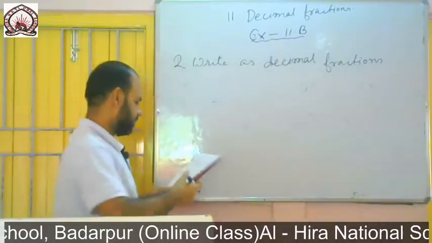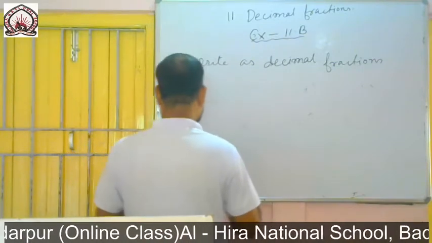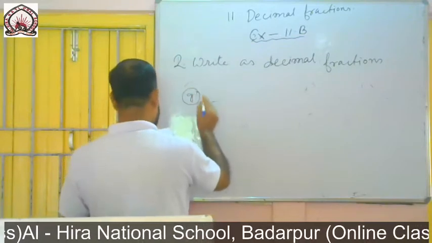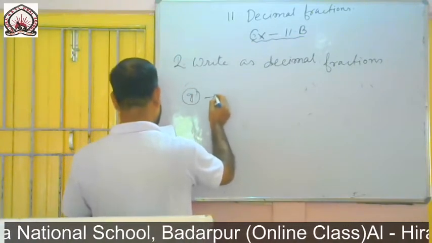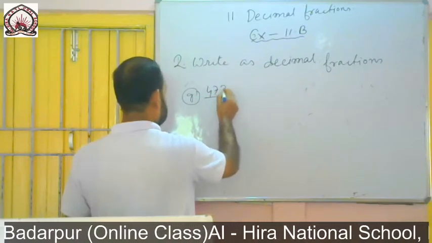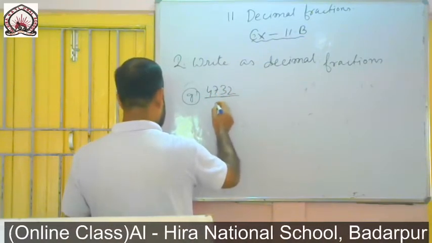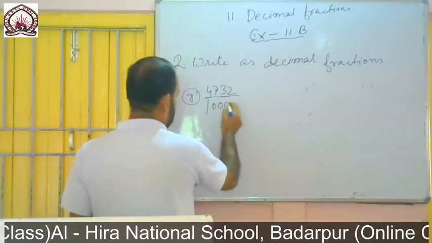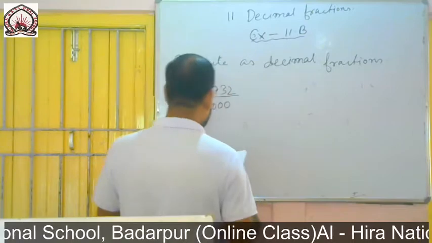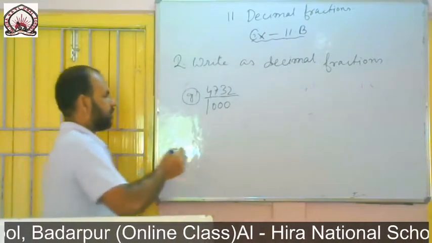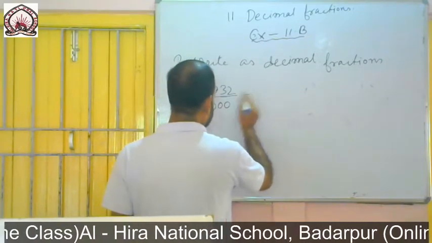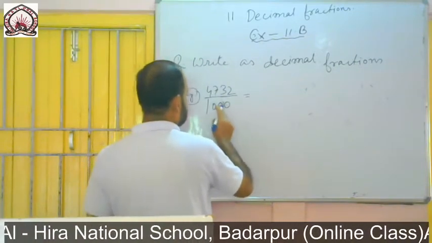Next, question number G: 4732 by 1000. How many zeros are in 1000? 3 zeros are there.